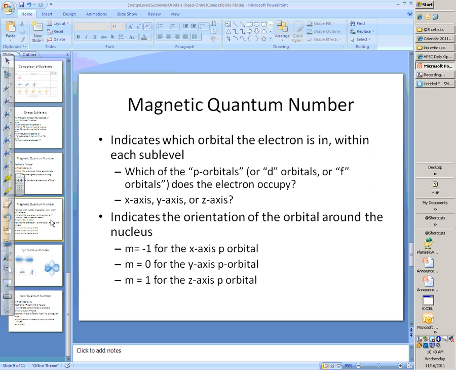For the p orbitals, how many p-shaped ones were there? 3. So how many different values for m do you have to have? 3. What we use for p orbitals is -1, 0, and 1.